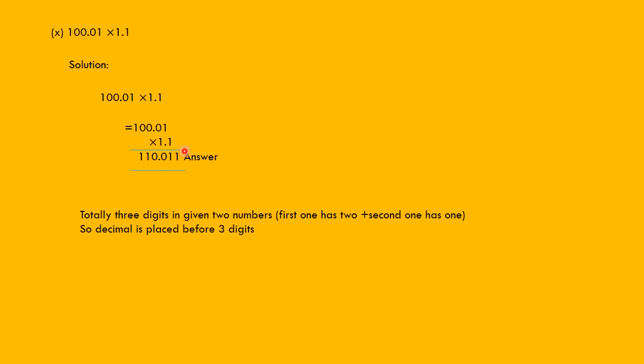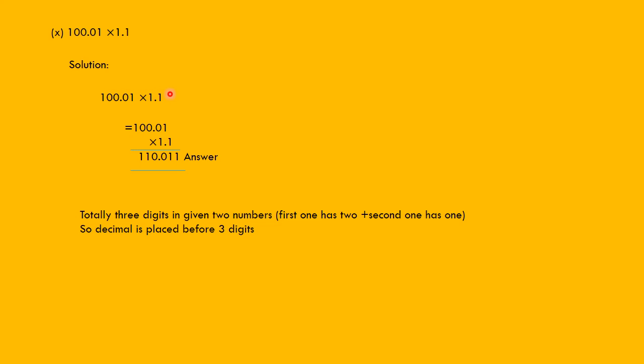So how many decimal places do we have to write? The first number has 2 decimal places and the second number has 1 decimal place. So totally there are 3 decimal places.